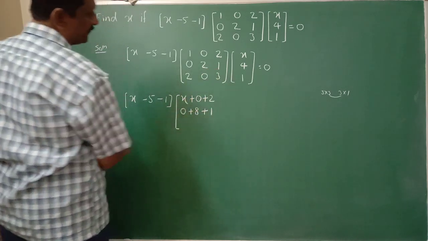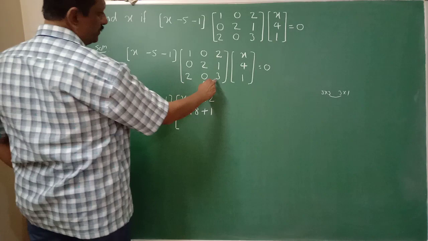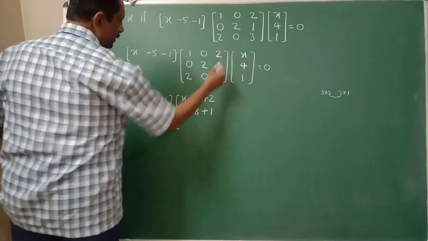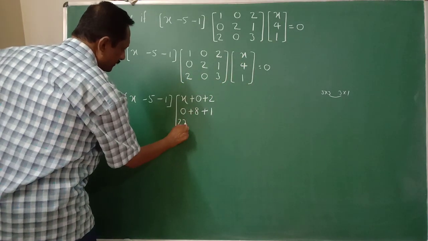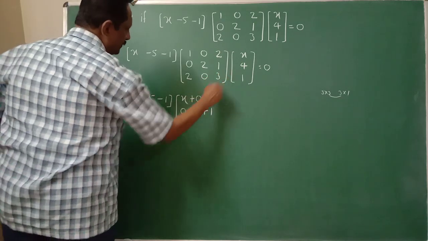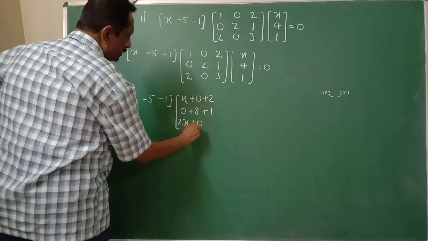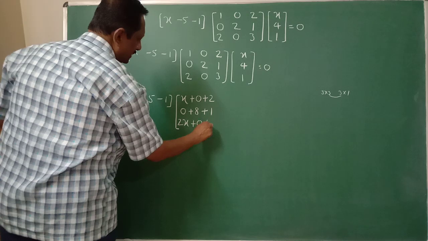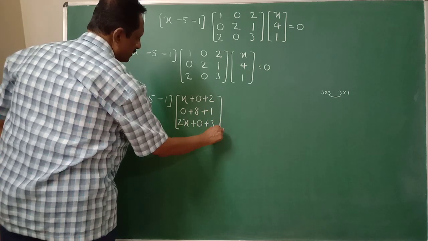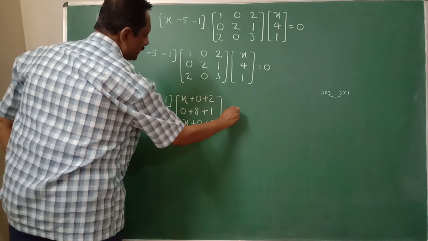Then multiply the third row with the column. 2 into x becomes 2x, then 0 into 4 becomes 0, and 3 into 1 becomes 3, is equal to the null matrix O.